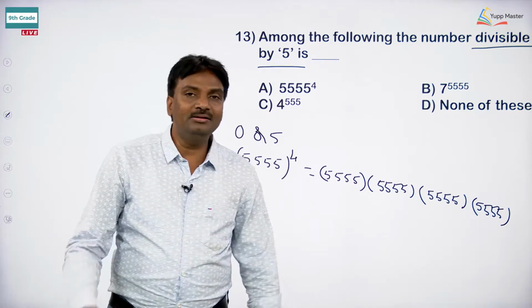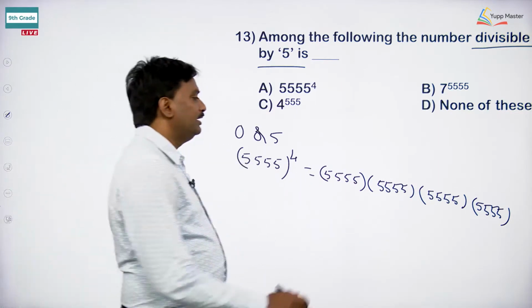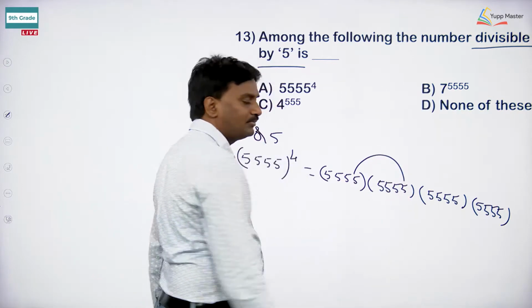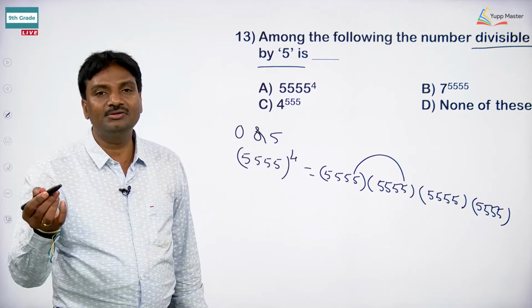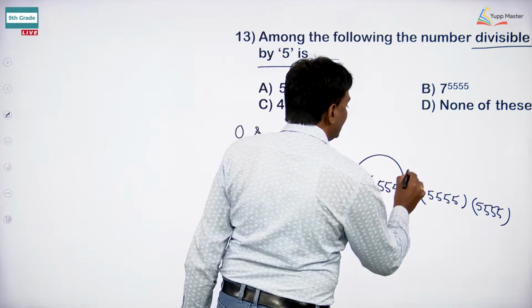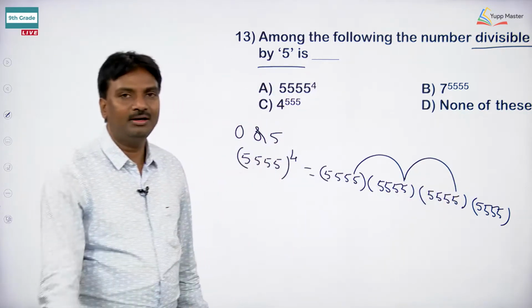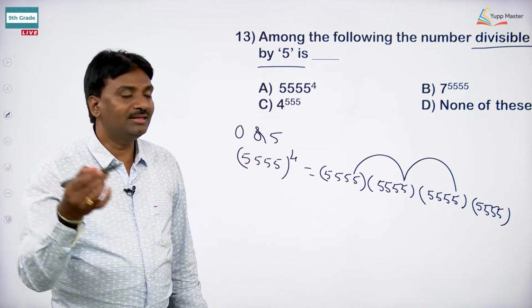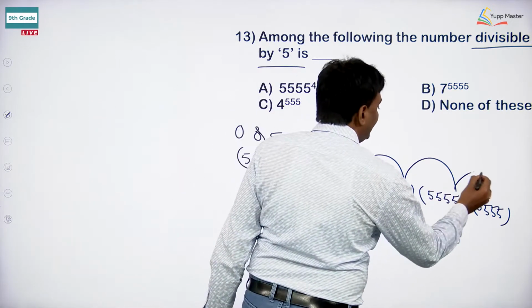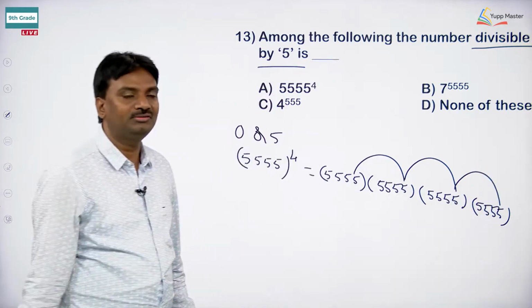Here, by multiplying these 4 numbers, the last digit is 5 and 5. 5 into 5 is 25. Again the last digit is 5. If you multiply that with this 5, again 5 fives are 25.